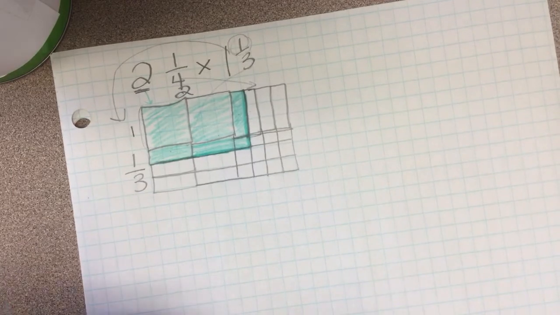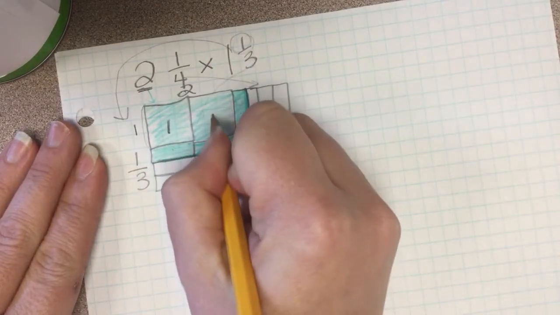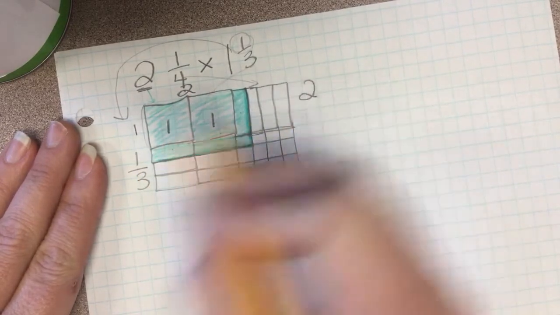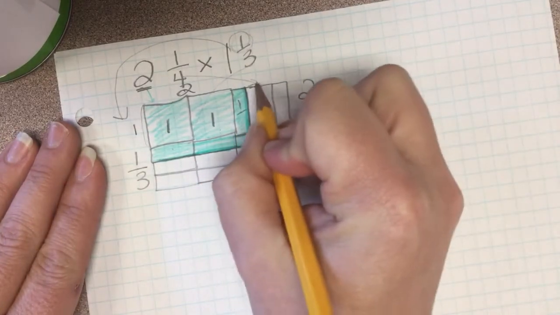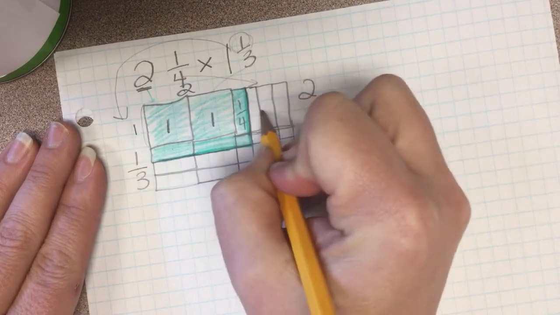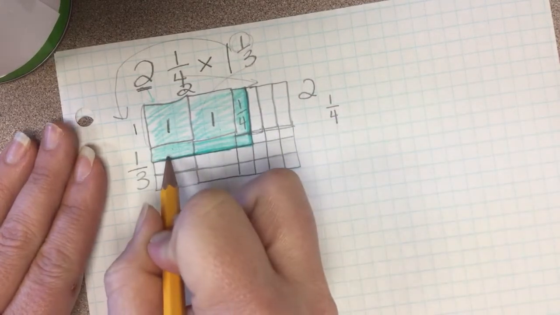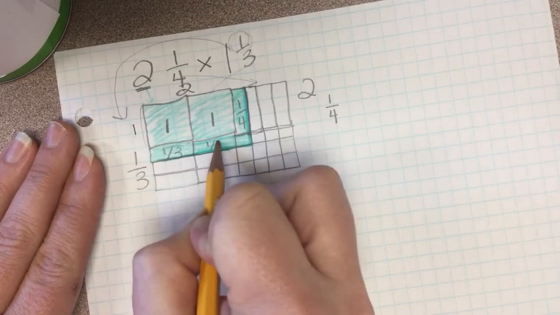Okay, so let's count up what I have. I have 1 whole and another whole because 2 times 1 is 2. Over here I have 1/4 because 1, 2, 3, 4. Over here, this represents a third and this represents a third.